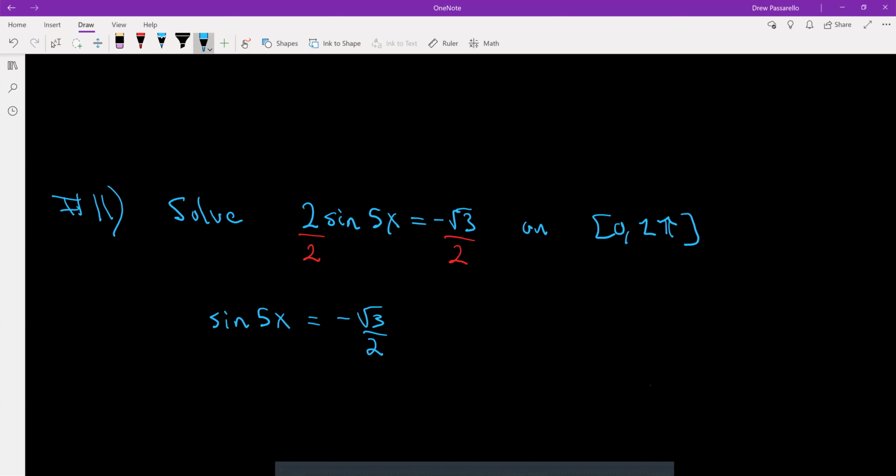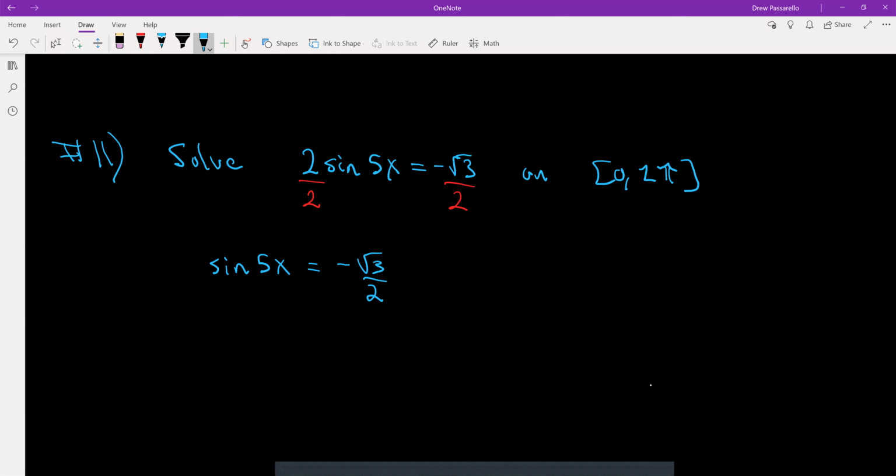And then in trig, it's implied that you can put parentheses around the 5x. That's what the sine function is being applied to. But there's no trig identity I can use for this 5x portion, at least I don't see one right away.